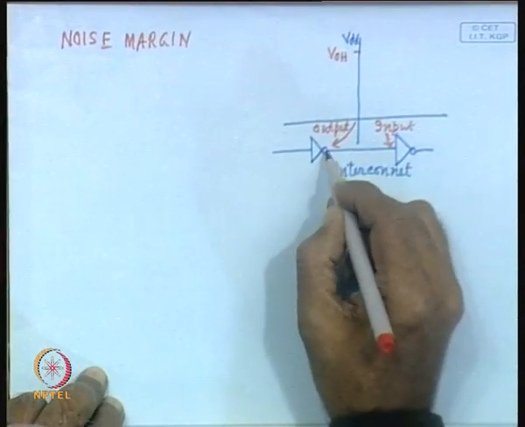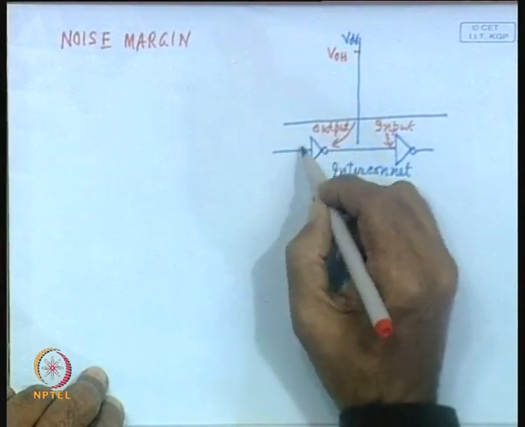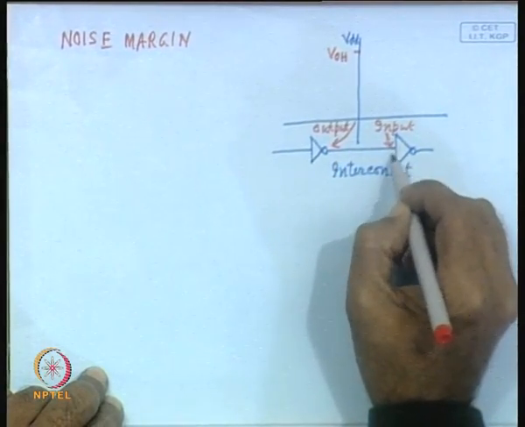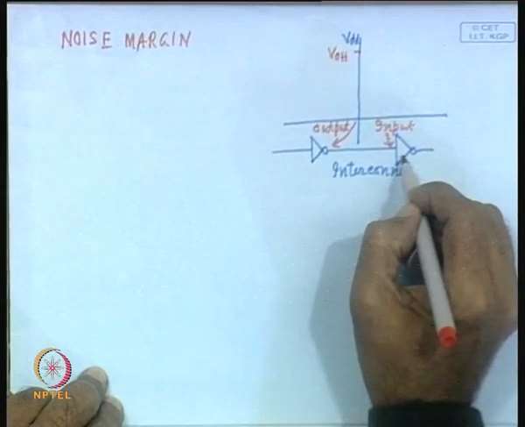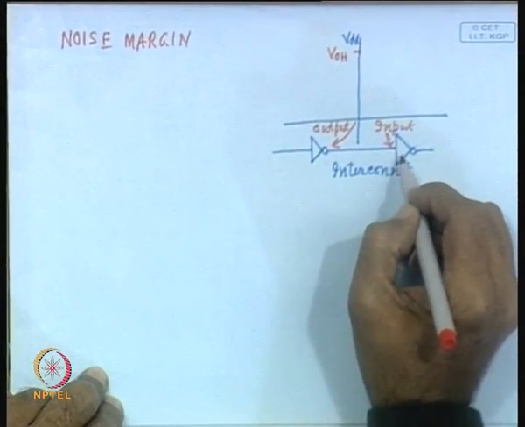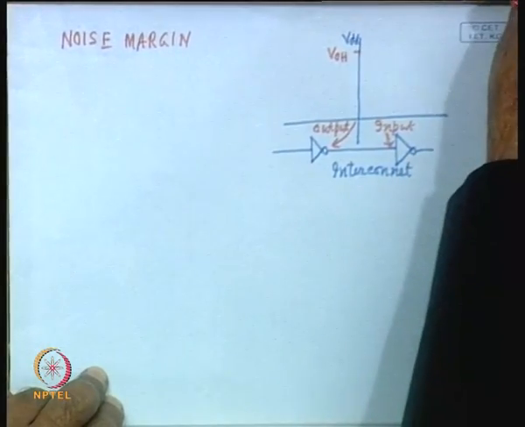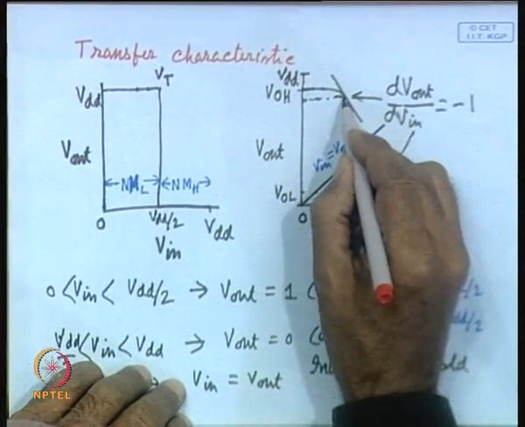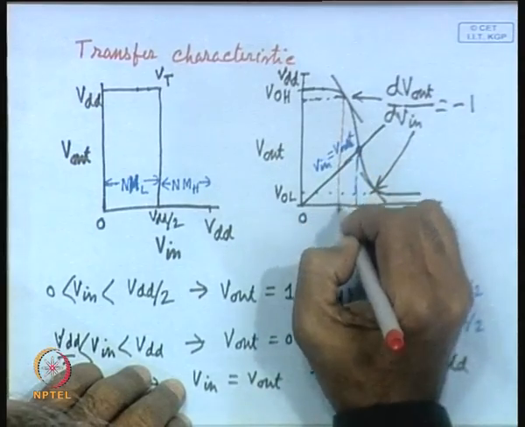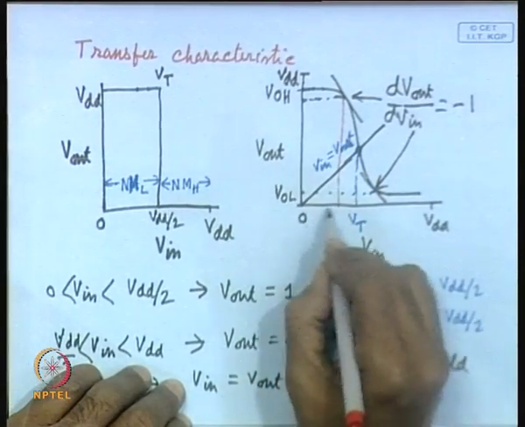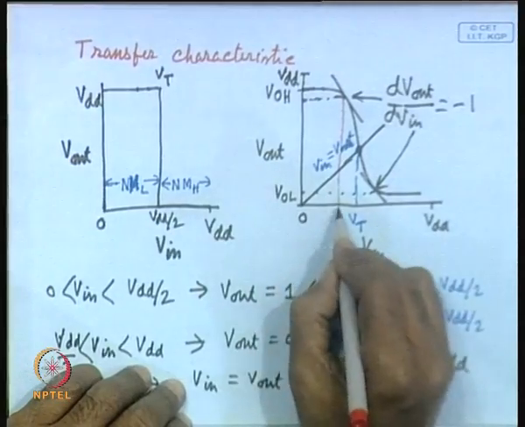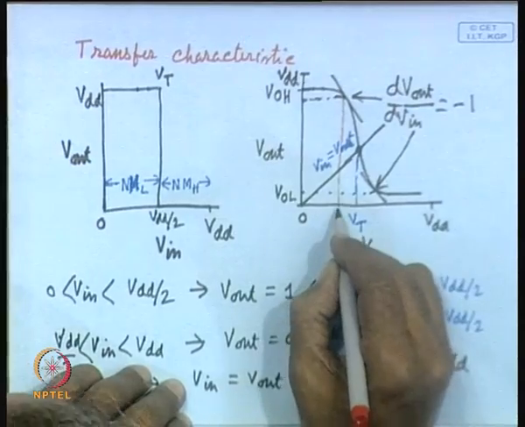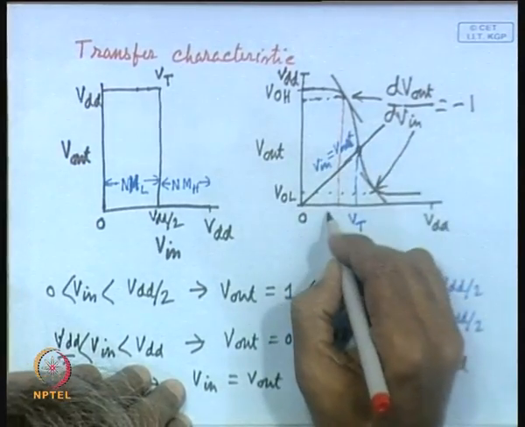So, VOH is the output high that is being generated by this inverter and which is applied to the next stage of inverter. And this next stage of inverter is receiving input, and how long will it function properly? As long as the input is in this range, it will continue to function. So, this line where this is touching is called VIL.